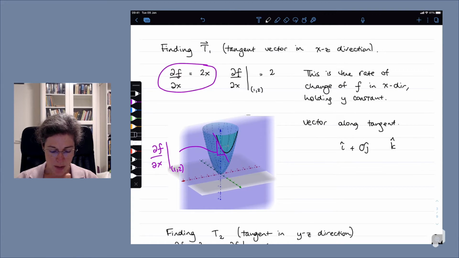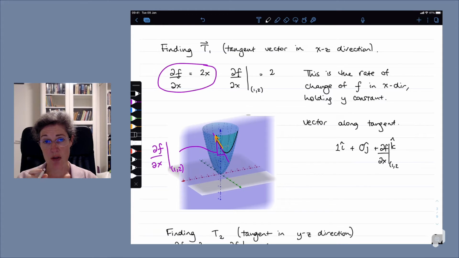What do we know about the direction of our vector here? Well, we know that if we change 1 unit of x, it must change by an amount df by dx, because that is the slope of that line. So what we can put in here is, this vector must change 1 unit in x, and as a result must change by df by dx evaluated at (1, 2) in the k direction.